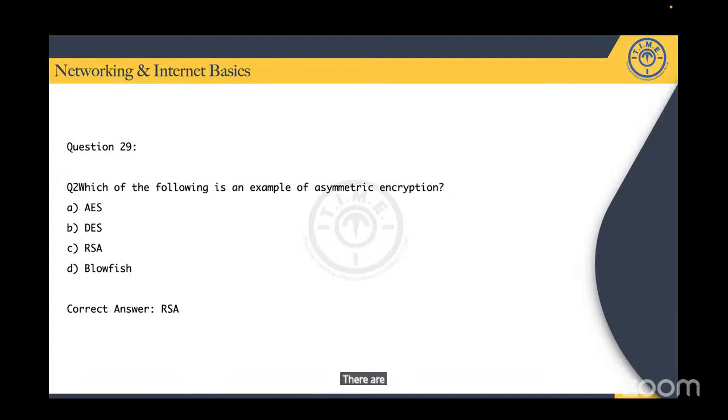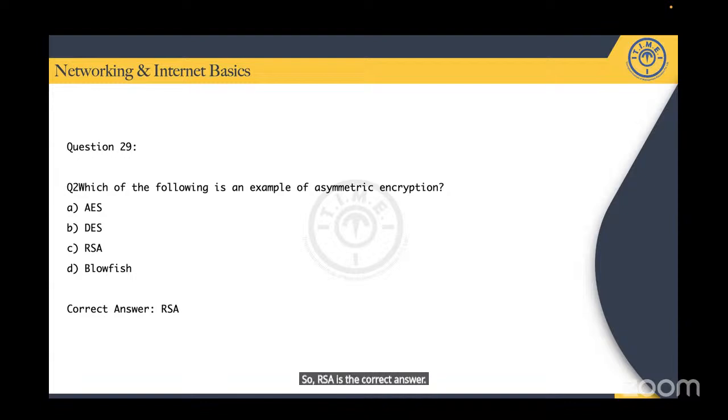There are two types: symmetric encryption and asymmetric encryption. Symmetric encryption means a single key, like AES, DES, Blowfish. Asymmetric encryption means two keys, public and private. So RSA uses one public key and one private key. So RSA is the correct answer.